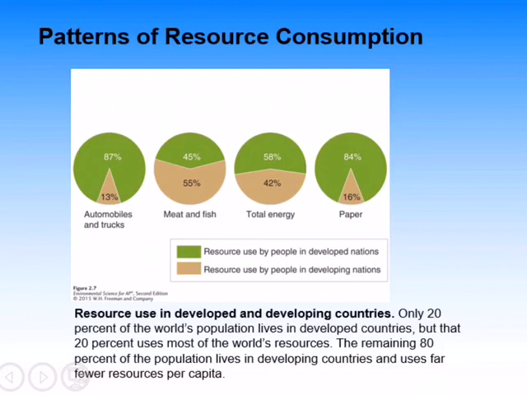Developing nations are nations without those broad economies, and many of them are agrarian societies, so many African countries are considered developing nations. This slide is just illustrating that developed nations use a proportionately larger amount of resources, even though they only represent about 20% of the world's population.